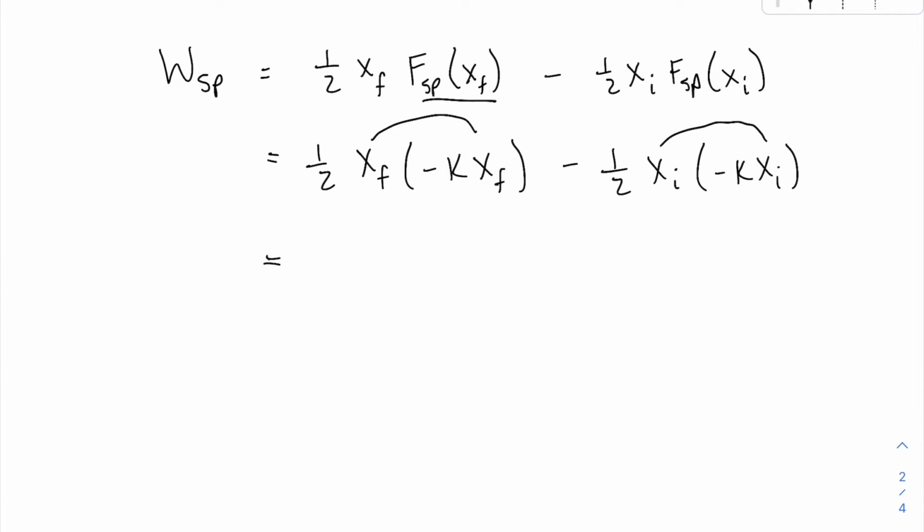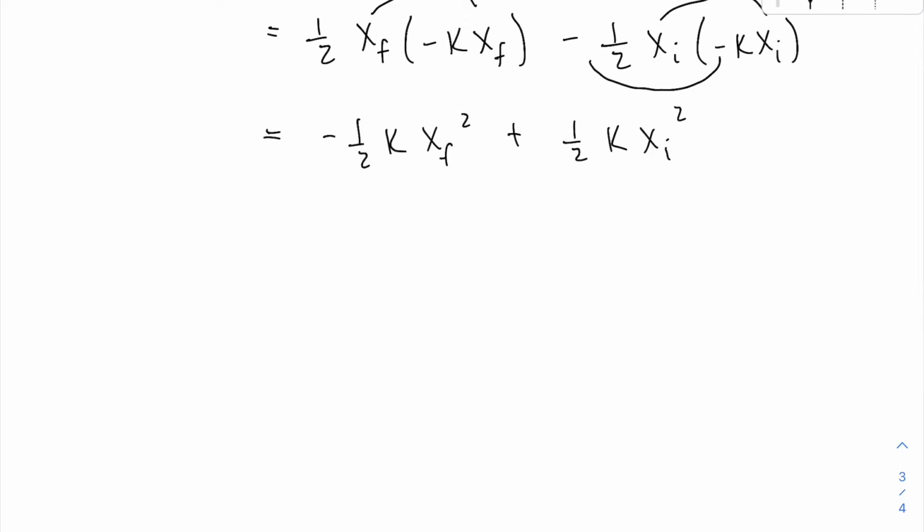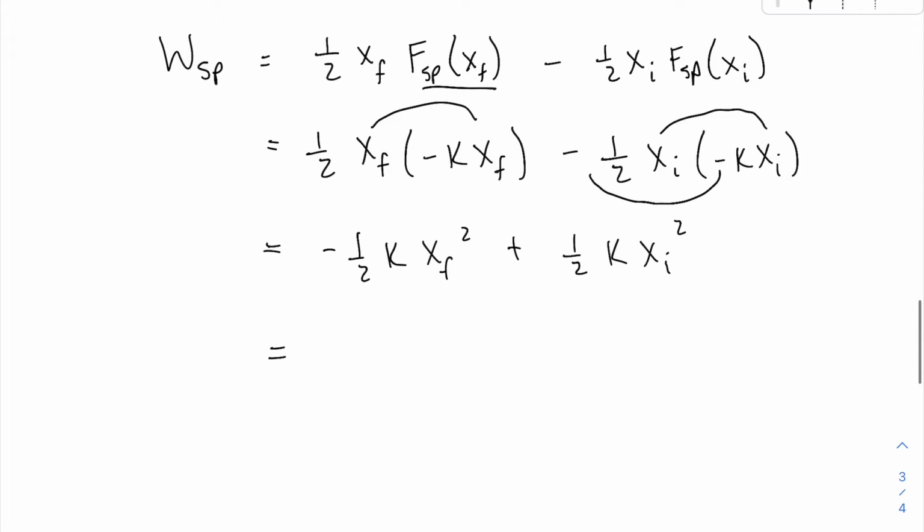So we can write this out as negative 1/2 k x final squared minus 1/2, well, actually we have two negatives here, so we can write this as plus 1/2 k x initial squared. And the last thing that we'll do here is factor out a negative 1/2 k, and so we can write out the work done by the spring as negative 1/2 k times x final squared minus x initial squared.